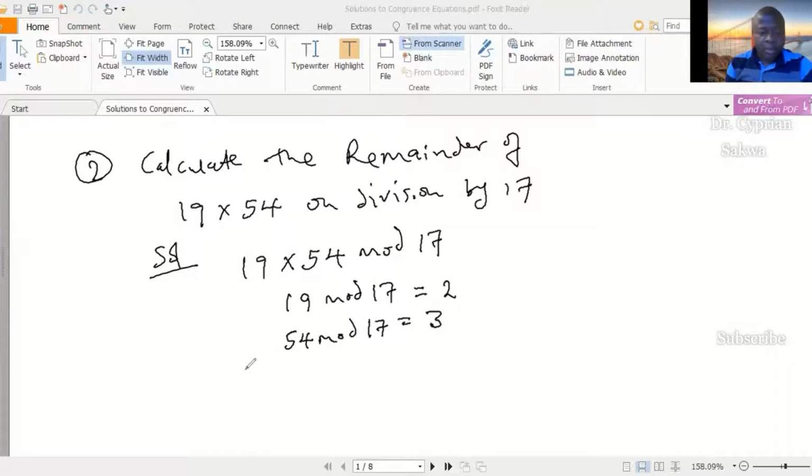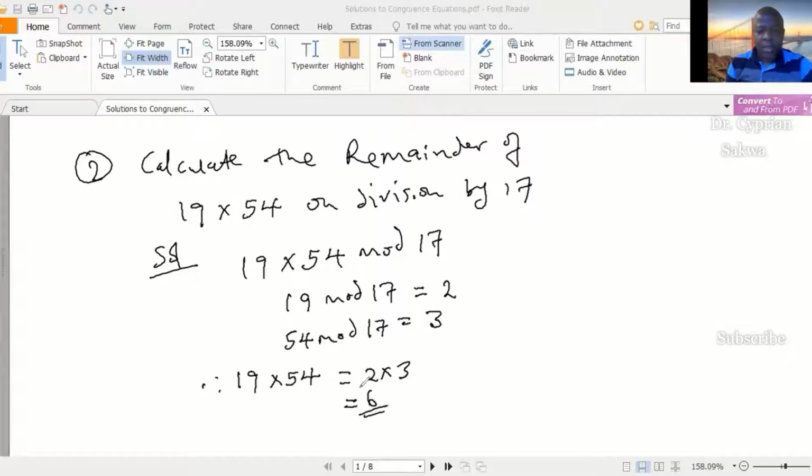So the question is, what if the product is divided by 17? What will be the remainder? 19 alone will give us a remainder of 2, and 54 alone will give us a remainder of 3. Their product will give us the remainder of 2 times 3, which is 6.